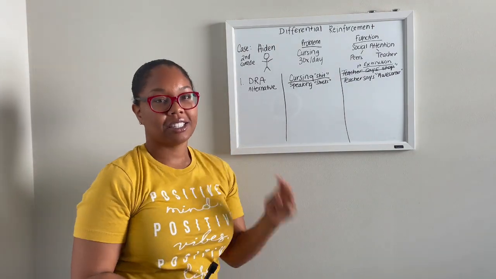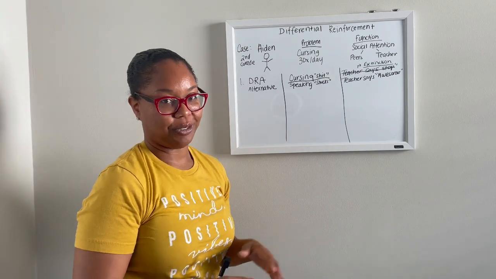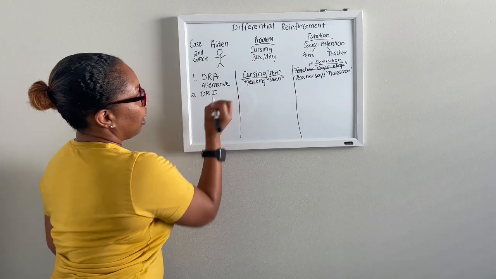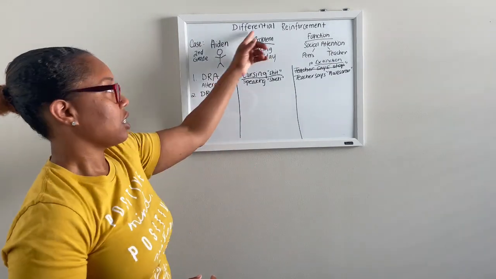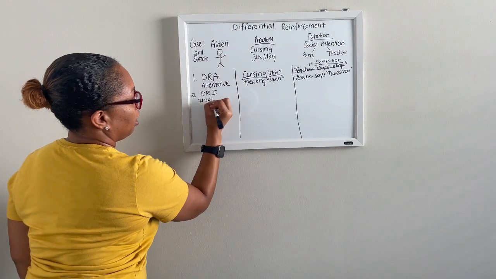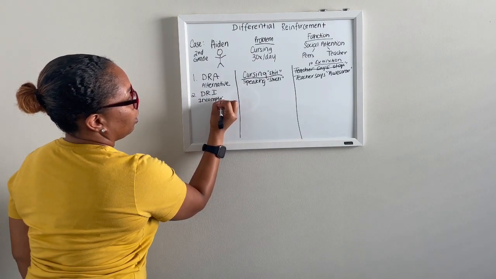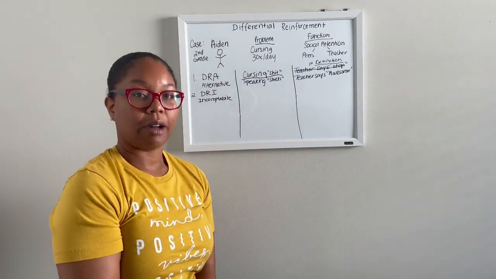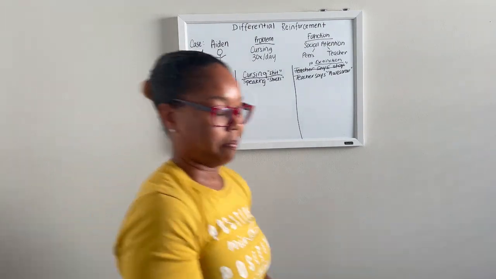Let's talk about the second differential procedure. The next procedure we're going to talk about is called the DRI. The DR stands for differential reinforcement, and the I stands for incompatible. And hopefully I spelled incompatible correctly. I did not. I'm going to correct that. One second.